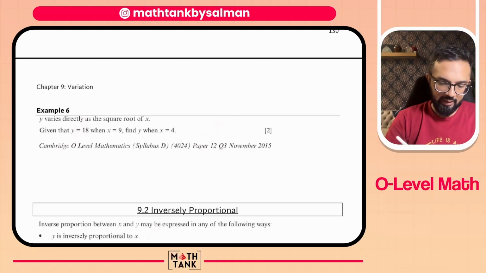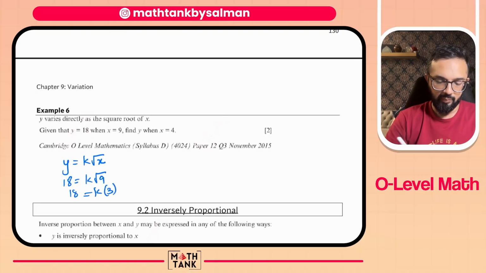Y varies directly as the square root of x. So y equals k root x. Into 3. I'm doing the same thing over and over in the questions. You see, most of these questions are worded like that, since some of these are actually past paper questions.